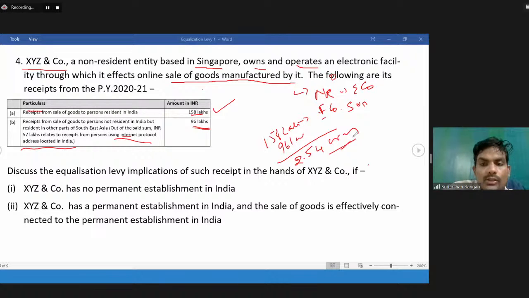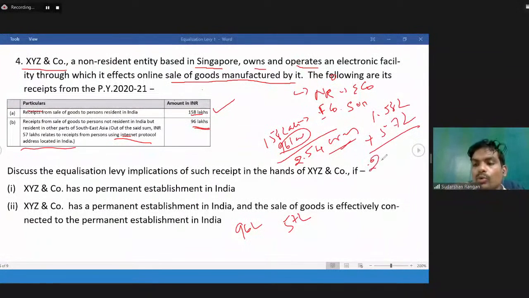But hang on, you cannot take the entire 96 lakhs, because 57 lakhs pertains to using internet protocol. So you have to take only 57 lakhs. So 1.58 crores plus 57 lakhs, we'll come to 2.14 crores. So 2.1 crores. So therefore threshold crosses. I hope you all got it.